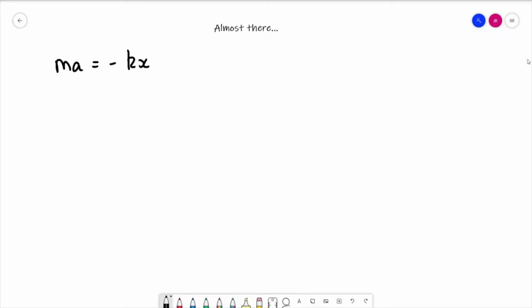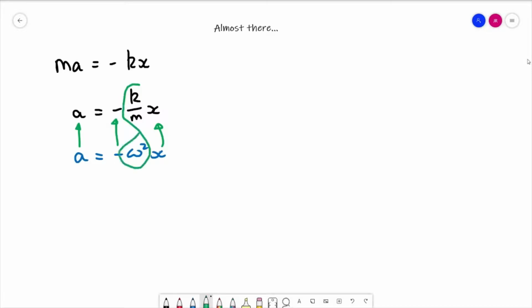Next stage we will divide both sides by the mass, so a is equal to minus k over m times x. Now at this point again hopefully we can start to see the similarities with the pendulum derivation. We'll bring back the general equation for SHM. a is equal to minus omega squared x, and once again we've got the right format. We've got acceleration, we've got the negative sign, and we've got the displacement.